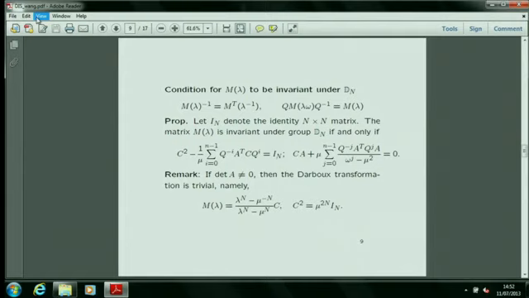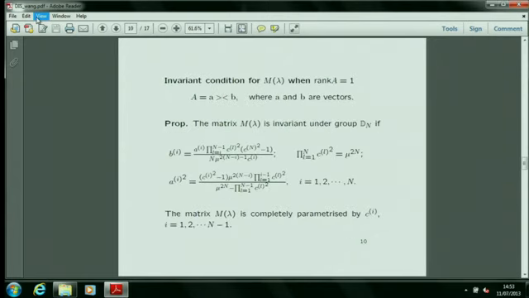So this means I should not look at non-degenerate A. I should look more at the degenerate one. So then I make an ansatz. I start with the simple case, where the matrix only has rank 1.